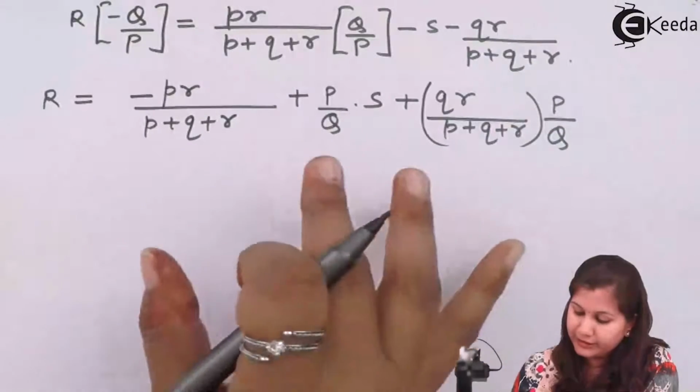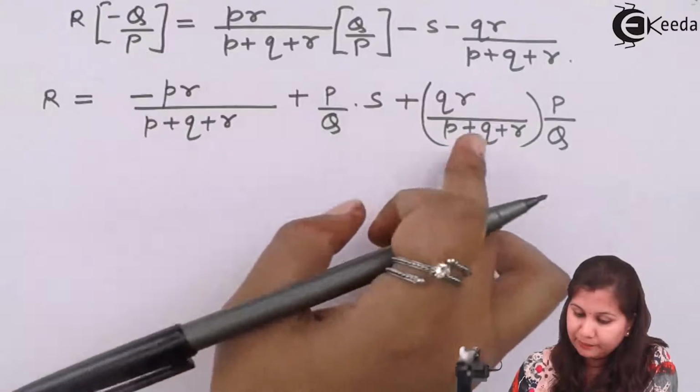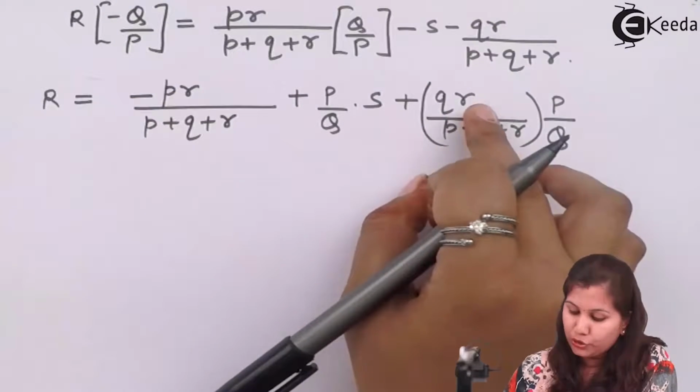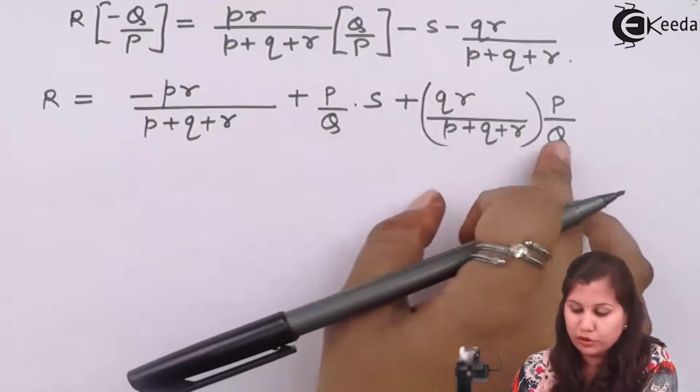Now again further simplify it. If we see, here we are having minus PR and here we are having QR. So we can take common from these two terms.